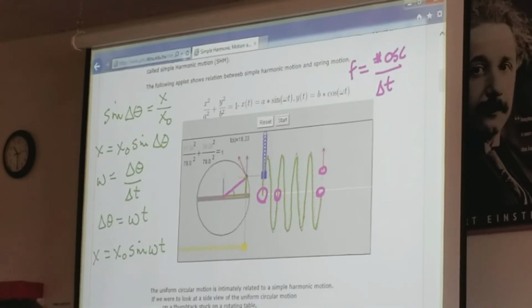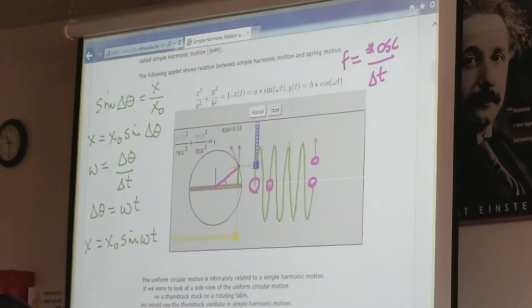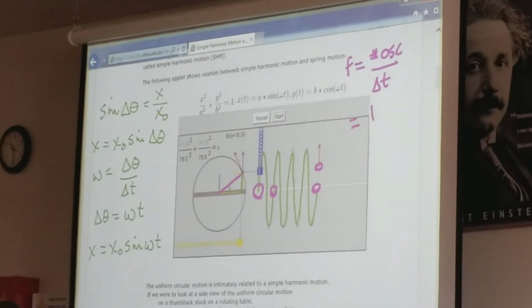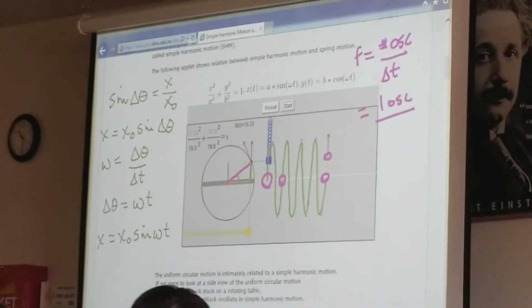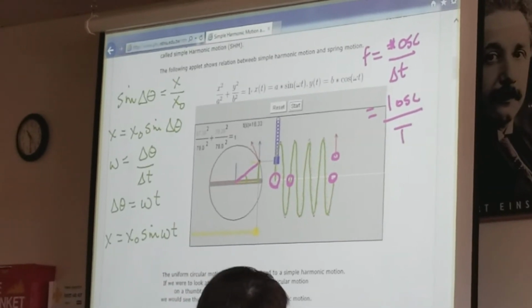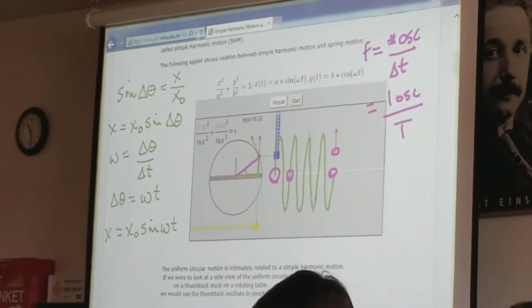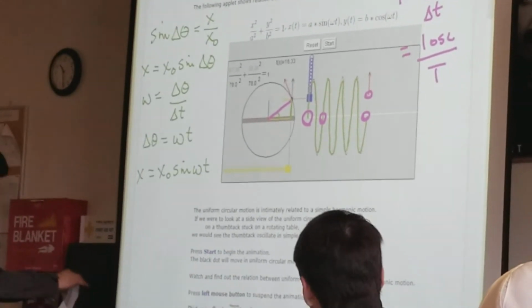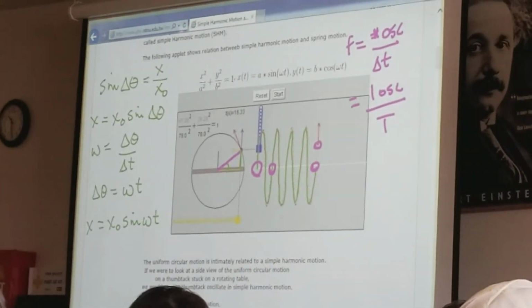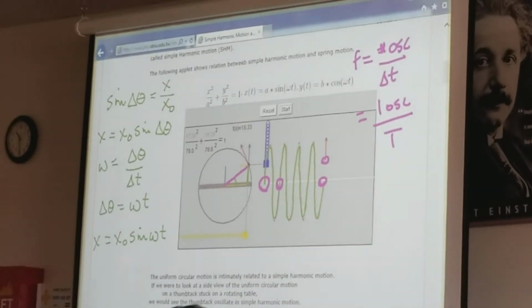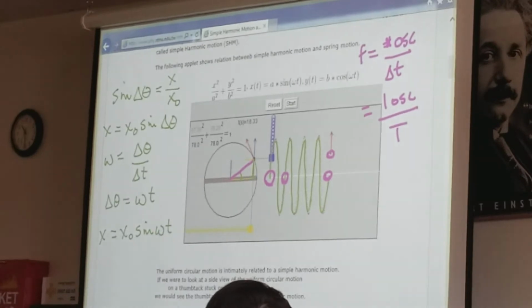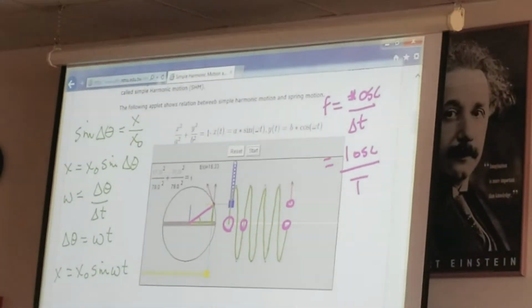Let me rewrite that: frequency equals one oscillation over the period, because the period is the time for one oscillation. Good? But how many radians for one oscillation?